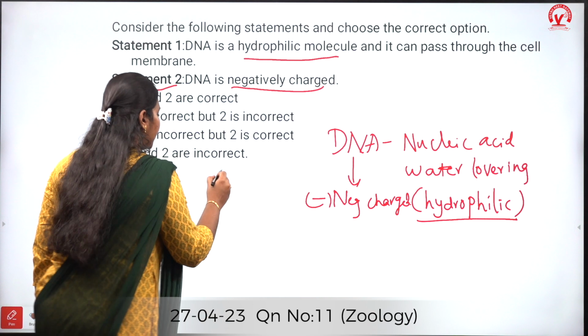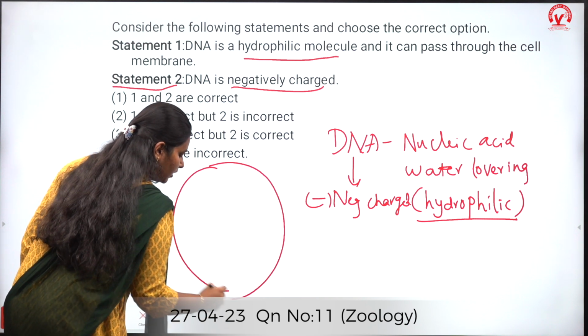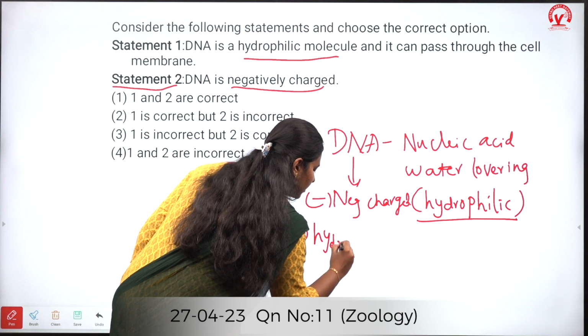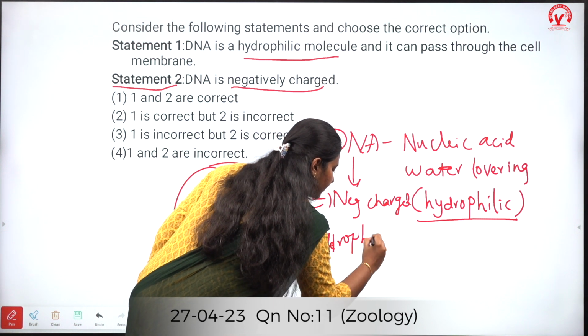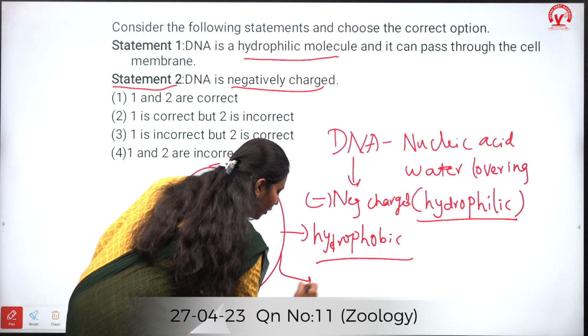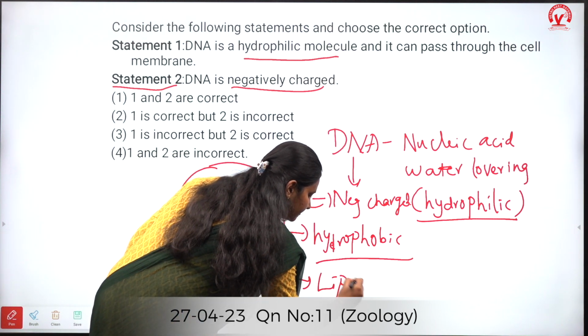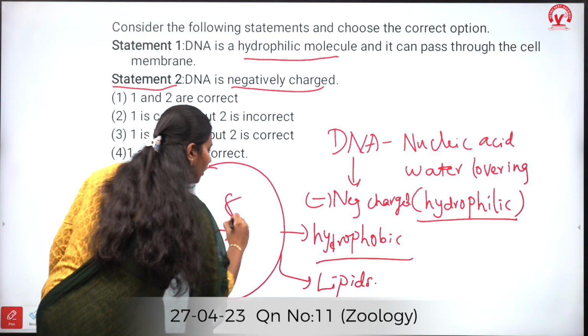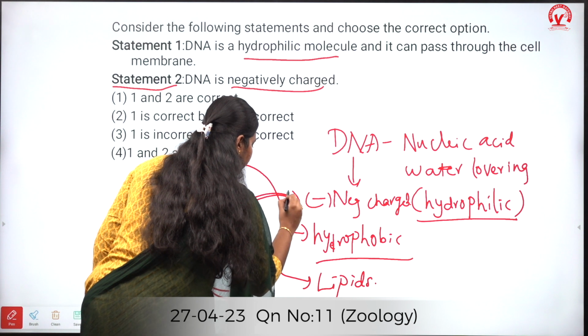but the cell membrane is made of hydrophobic molecules, they are water hating molecules, usually made up of lipids. Hence the DNA cannot move through the cell membrane.